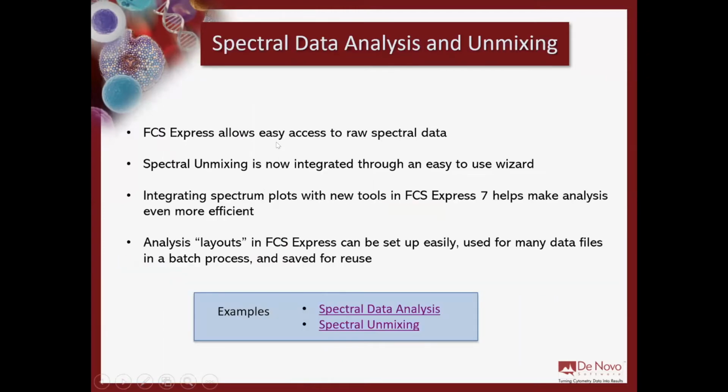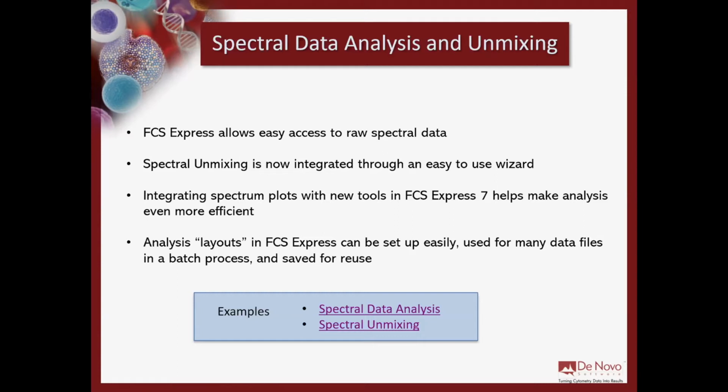And what that means in FCS Express, with that access to that full spectral data, is you're not just limited to looking at CD4 versus CD8. You can look at the full spectrum of every single event in that data file. So you can use the standard FCS files, you can use the full spectrum that's in there, you can use them both interchangeably, and you can do that quite simply, which you're going to see here in a minute.